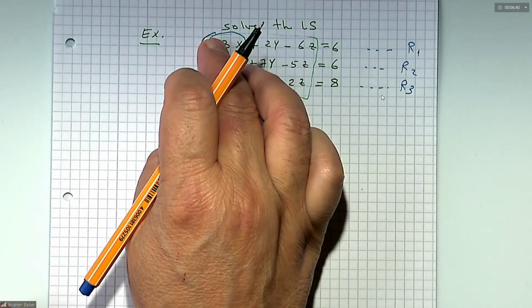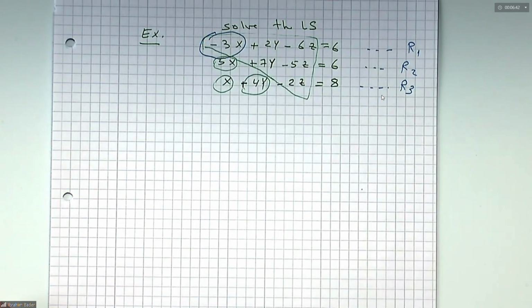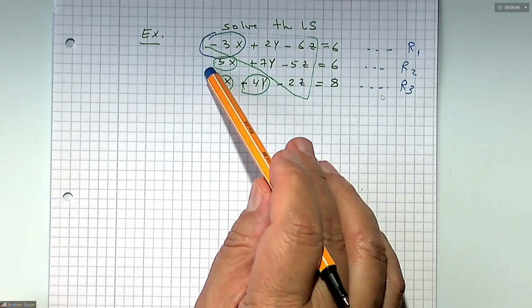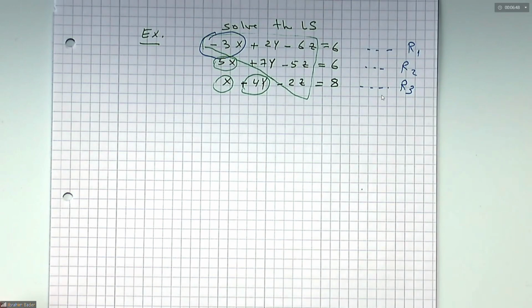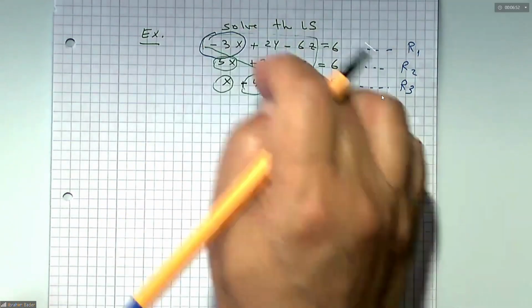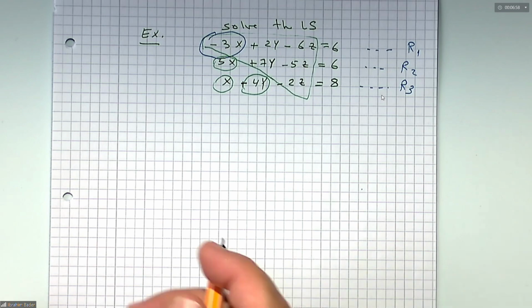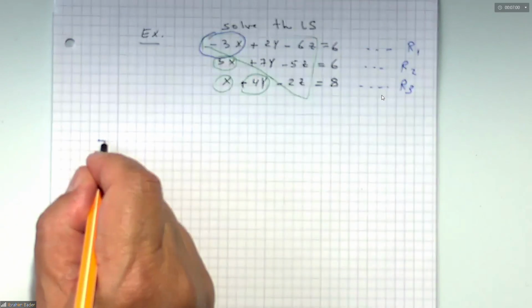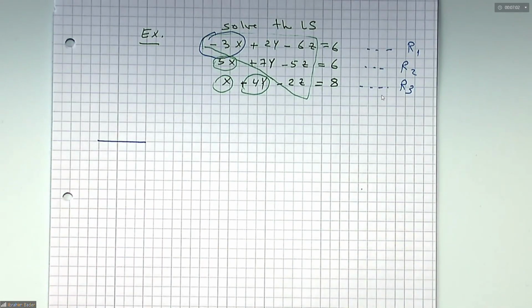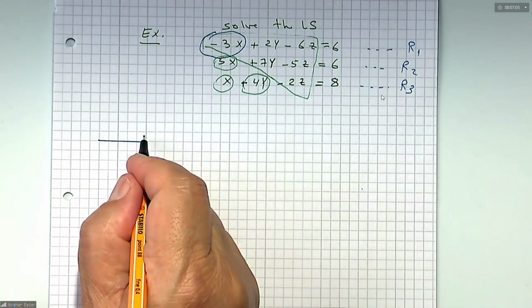I think you all figure out that the easiest thing is to multiply the third row with 3 and add them up, okay? And replace the first row with the result. Okay, so I will be just, as we agreed, writing this step on top of this arrow.